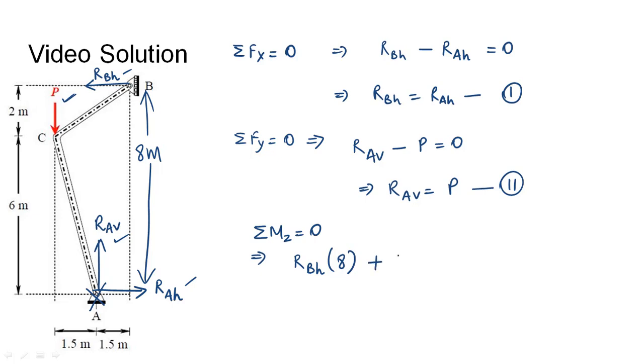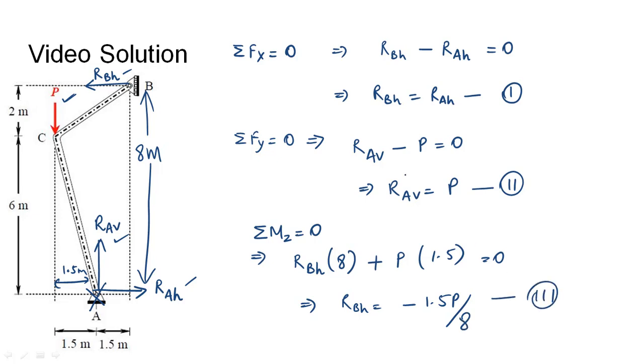So adding them, plus P into 1.5, since P is at a distance of 1.5 meter from A, equals 0. This would give the value of RBH as minus 1.5 P by 8. This is our third equation.